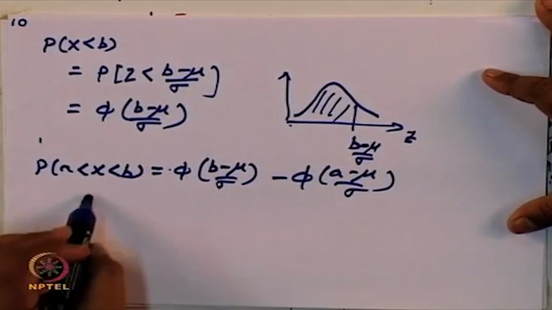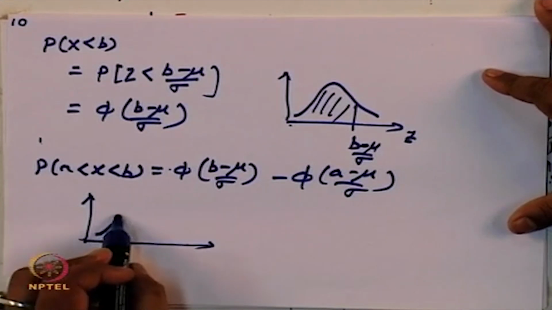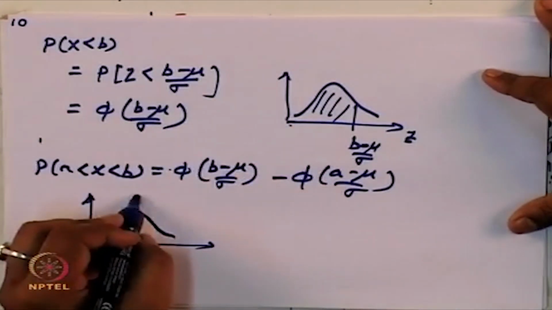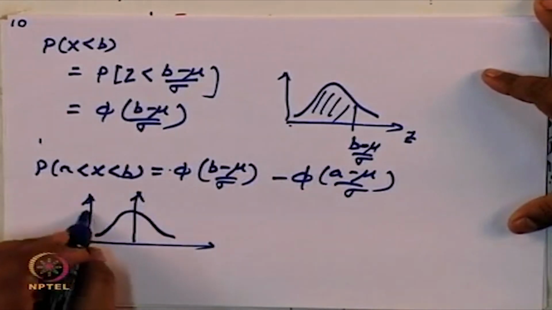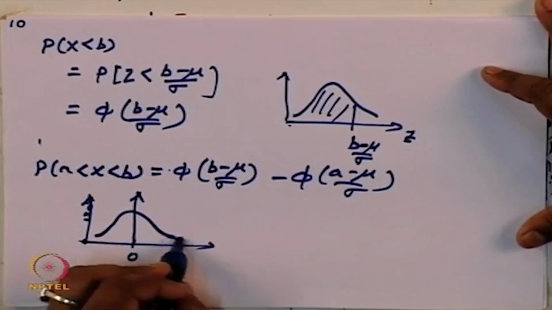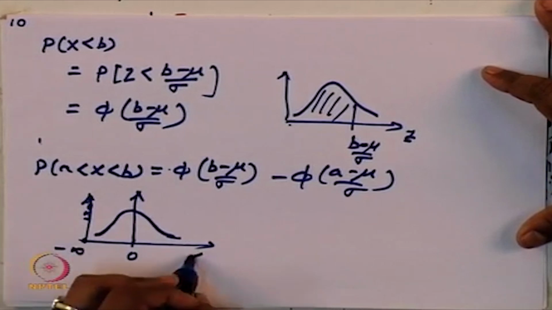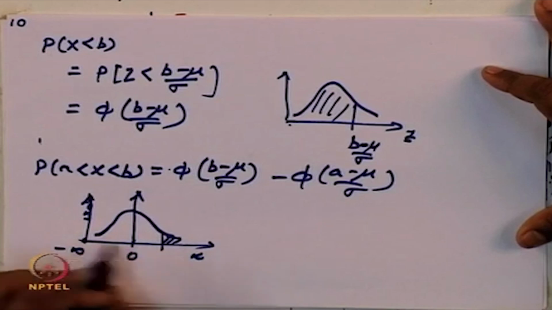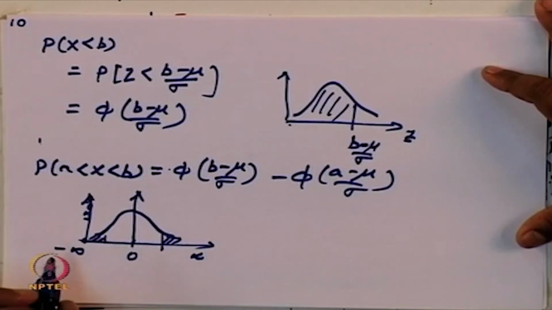One more thing, because of symmetry: if this is your distribution, so this is for the entire x. For phi, the mean is always equal to 0, right. So, you have minus infinity to infinity. For any value x, this area will also be equal to this area.